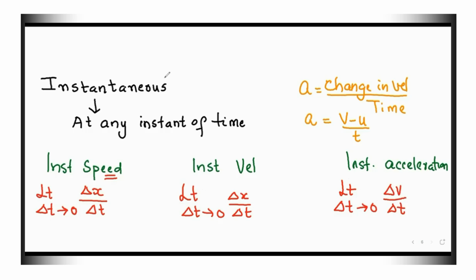So instantaneous simply means that any change which takes place in a very short interval of time. And what is that represented as? Change in a particular interval of time.